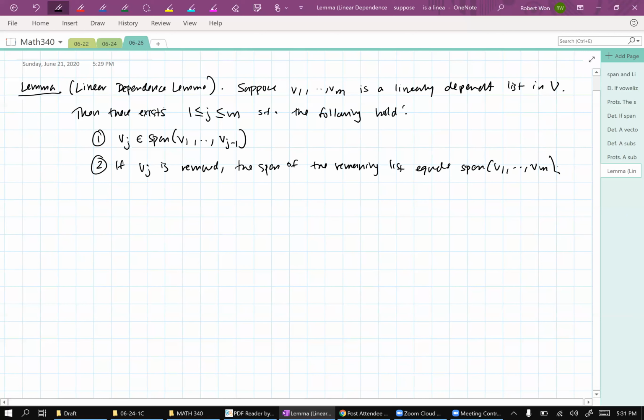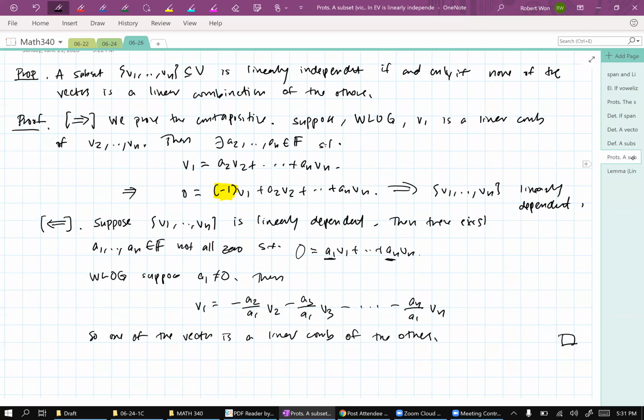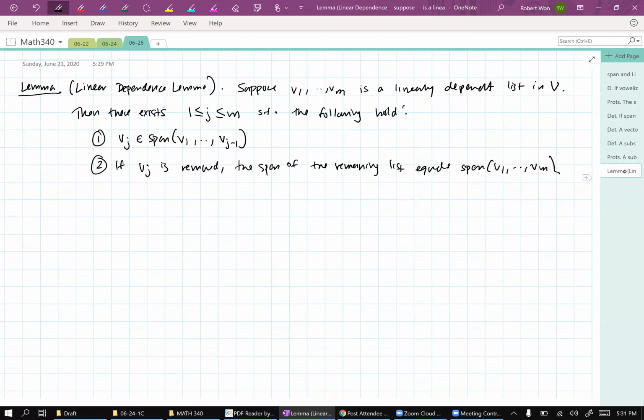Let me explain why this is a little bit stronger than what we just proved. What we just proved is that if you're linearly dependent, then one of the vectors is a linear combination of all of the rest, which would say that there exists a vj that's in the span of all of the rest of the vectors.